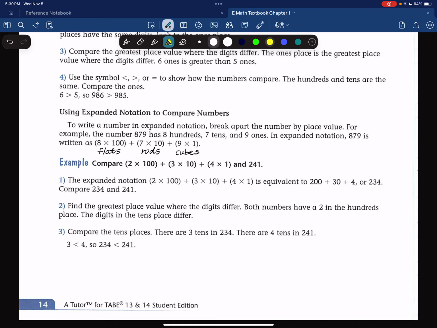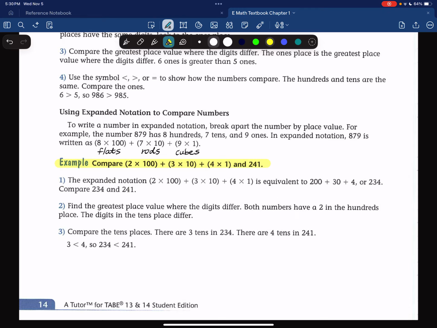So they want us to compare 2 times 100, 3 times 10, and 4 times 1, and the number 241. So step 1, the expanded notation we're given is equal to 200 plus 30 plus 4, or 234.